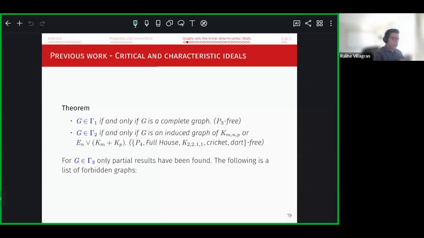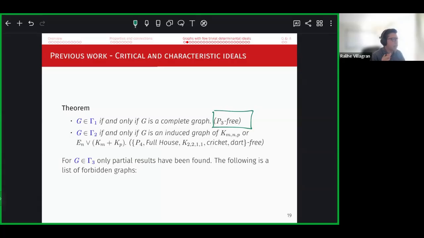So for instance, a graph has only the first trivial critical ideal if and only if that graph is a complete graph. So this is the characterization by forbidden induced graphs.